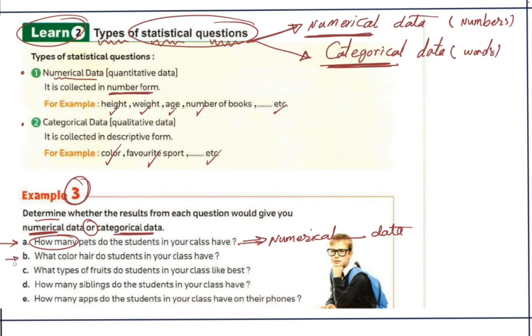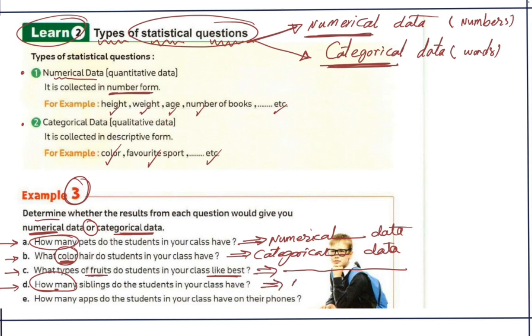B. What color hair do students in your class have? Color. Of course, it's categorical data because it's color. C. What types of fruit do students in your class like best? What fruit? Categorical data. Fourth, how many siblings do the students in your class have? Siblings, it's just a number. It's numerical.